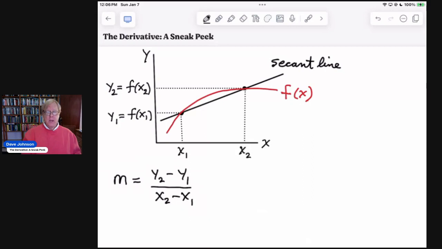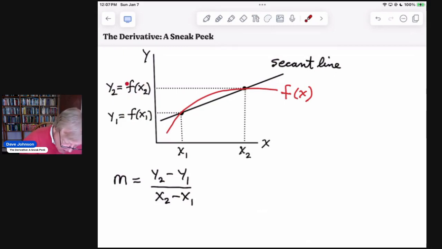So I want to make some notational changes because what I want to do is work my way from this simple idea to what we call the derivative. And so the first thing I'm going to do is recognize that y1 is the same as f of x1. And you know that from college algebra or high school algebra. It's just typical function notation.